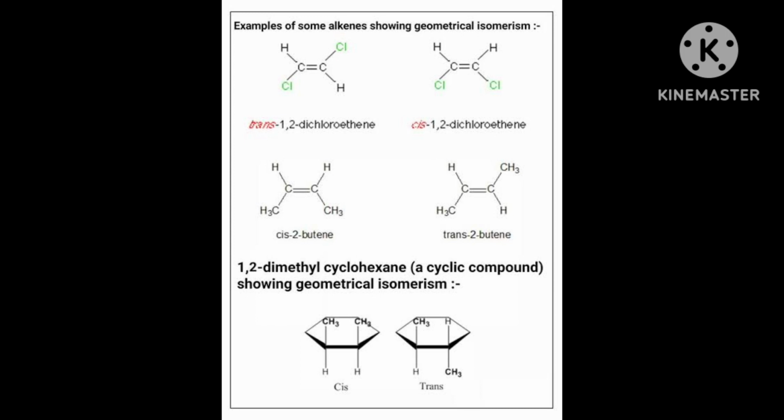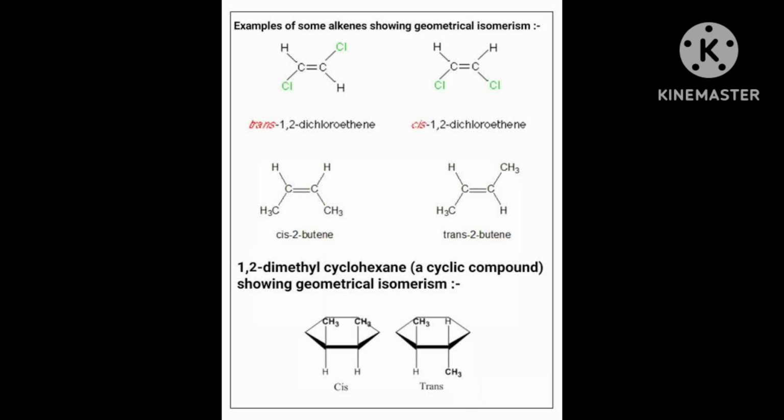This is what I have discussed about structural isomerism. Now, stereoisomerism is not for lower classes, it is for higher classes. I will discuss it when I discuss higher classes.